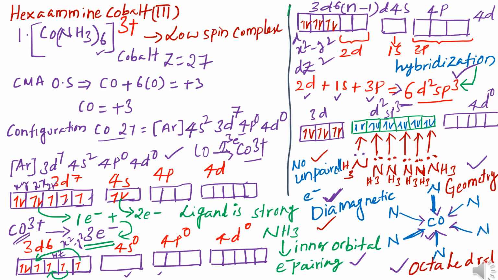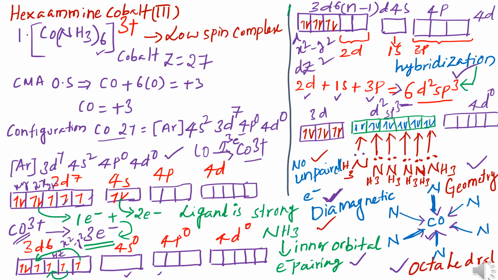All will contain equal energy. All these 6 are d2sp3 orbitals. So this is the remaining inner orbital 3d. This is 4d.